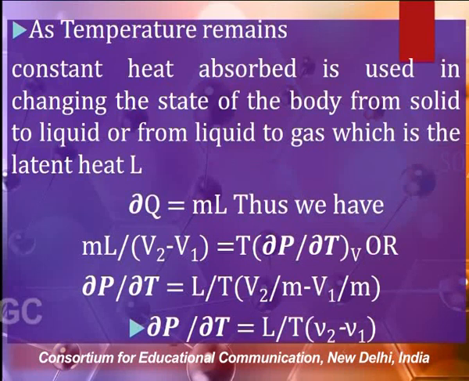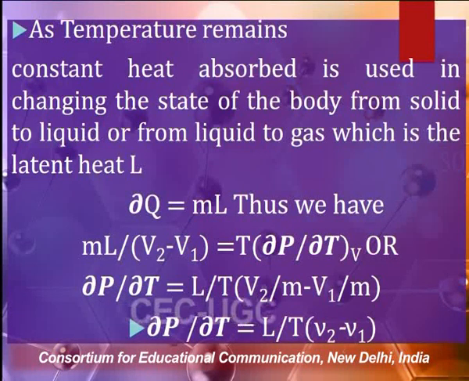Simplifying this, we get delta P by delta T is equal to L by T times (V2 by m minus V1 by m). Here both the volumes are divided by mass. Whenever we divide a quantity by mass, we can define that quantity as the specific quantity.